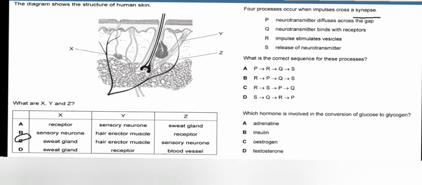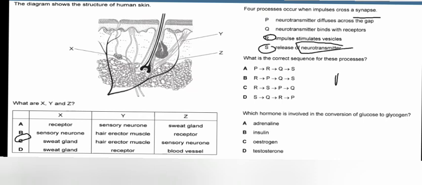The first one, the impulse is going to stimulate the vesicles, meaning R is going to be the first process. Once the impulse stimulates the vesicles, they are going to release the neurotransmitters, meaning S is going to follow.